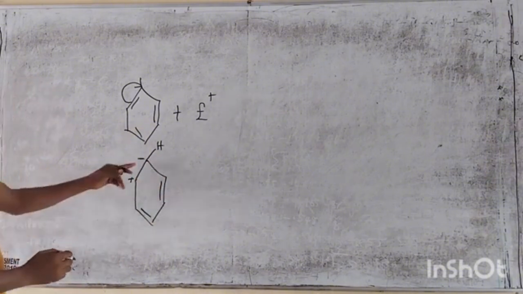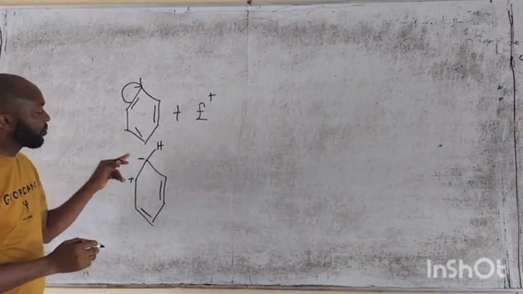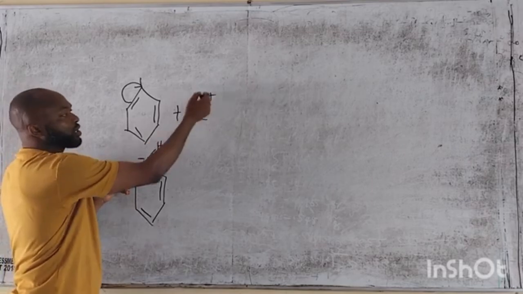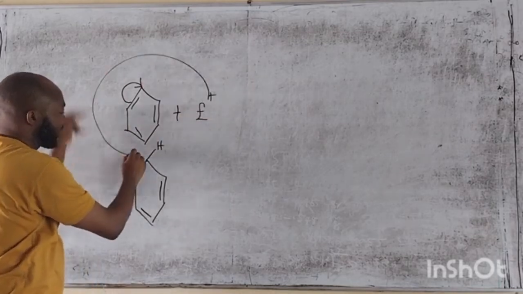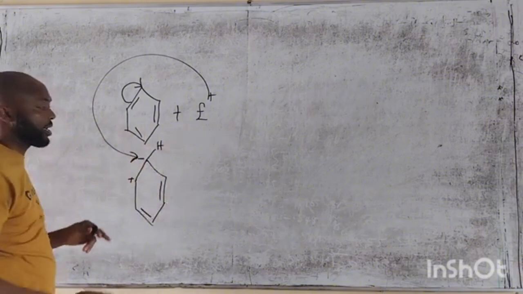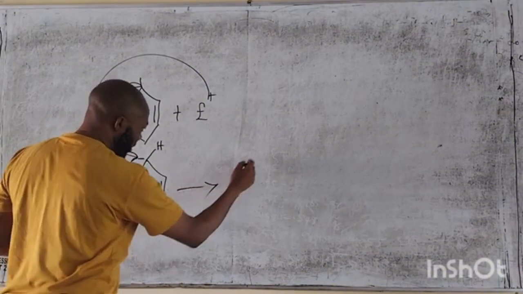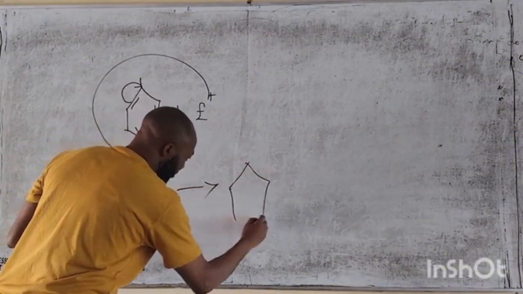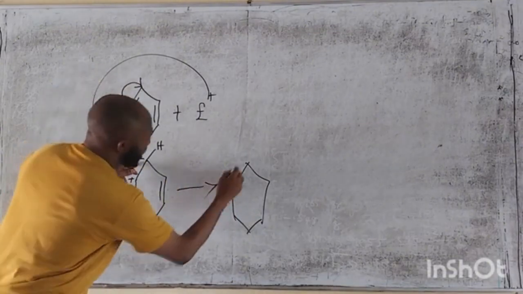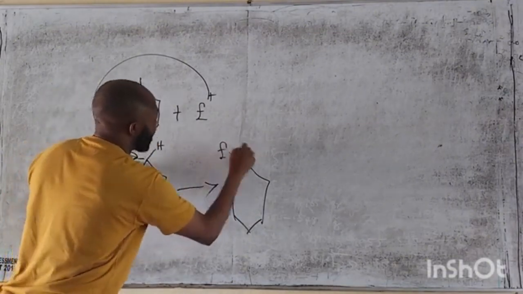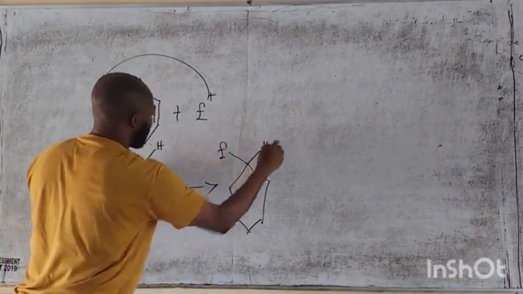Because of this negatively charged position here, the electrophile which is positively charged will obviously have to come in. Don't mind my movement. That will give us this. My electrophile will be here, and my hydrogen obviously here.